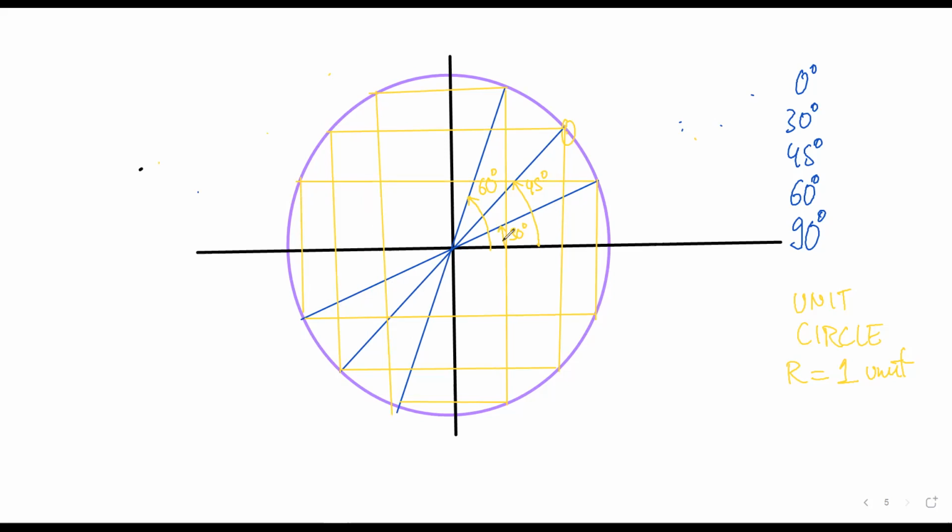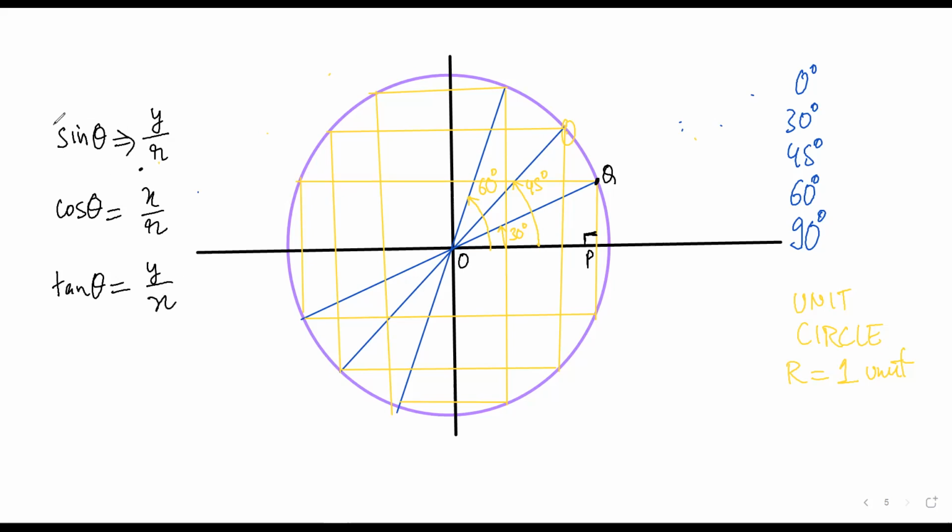Now, if you focus on triangle OPQ, it is a right triangle. My sine theta has been defined as y upon r. My cos theta has been defined as x upon r. My tan theta has been defined as y upon x.